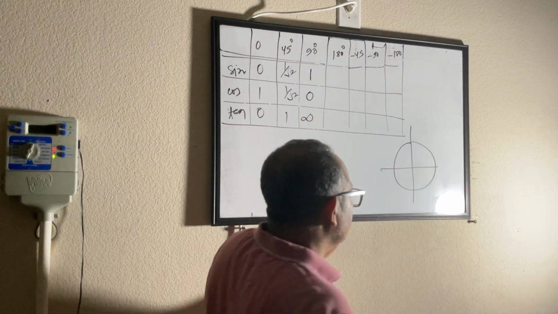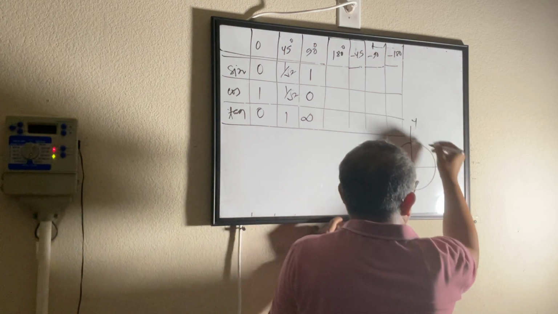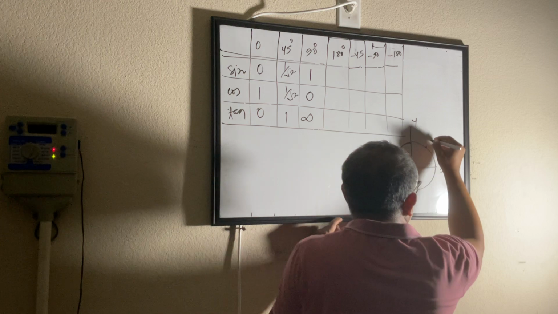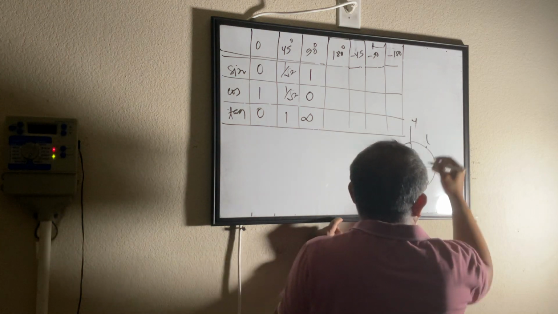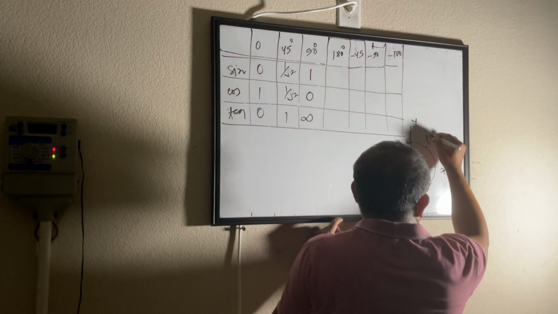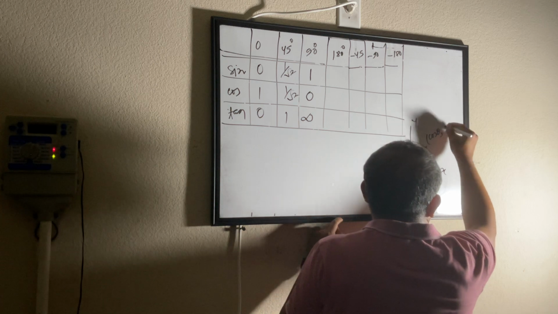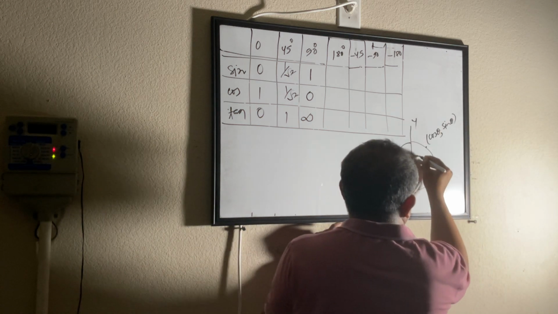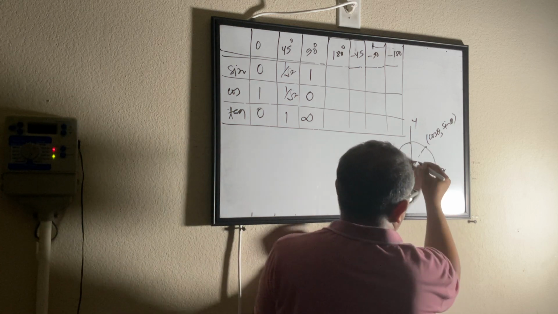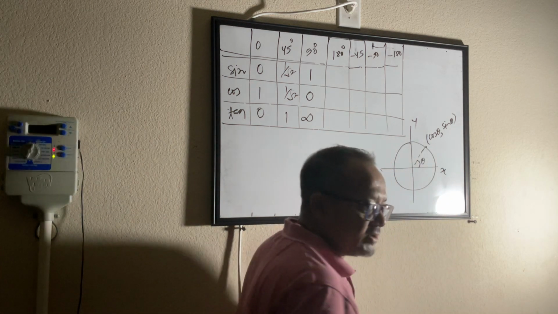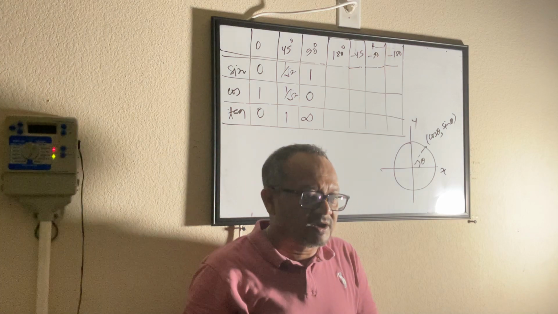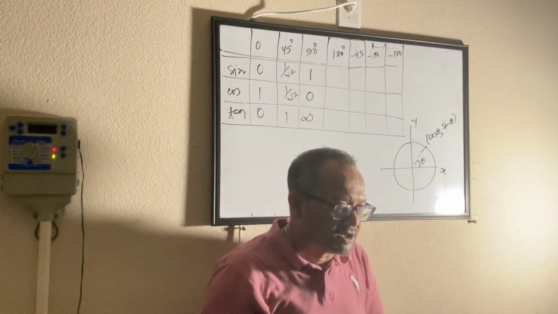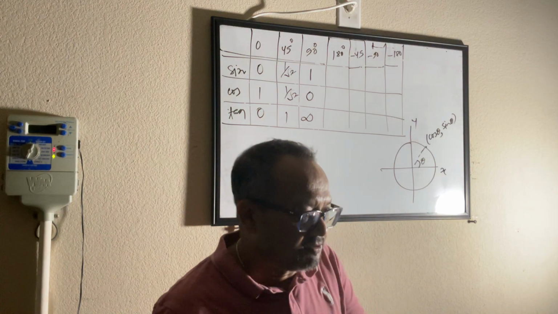Okay. This is your x-axis, this is your y-axis, and you know that any and every point on this has cos theta and sin theta. This is the angle with the x-axis. Okay. If you guys remember, I think Tanvi was not in the class when we were talking about unit circle theorem.